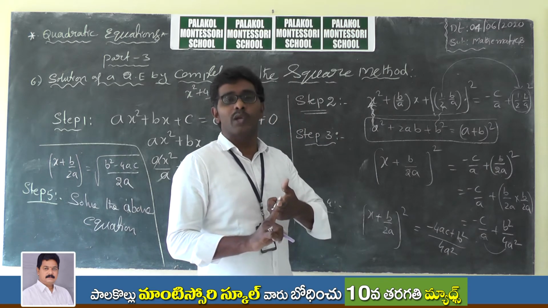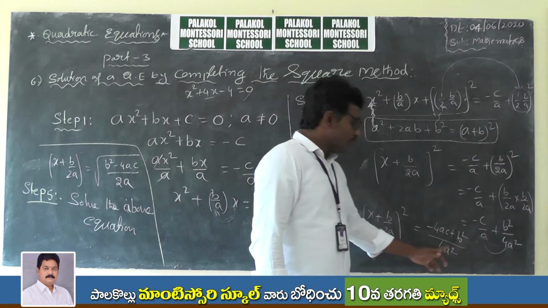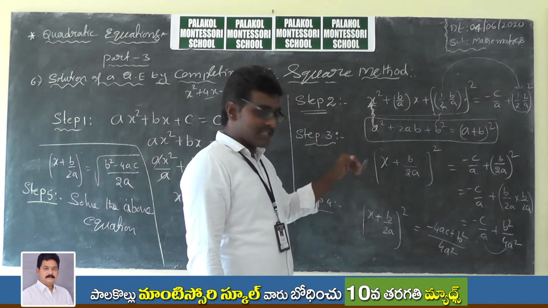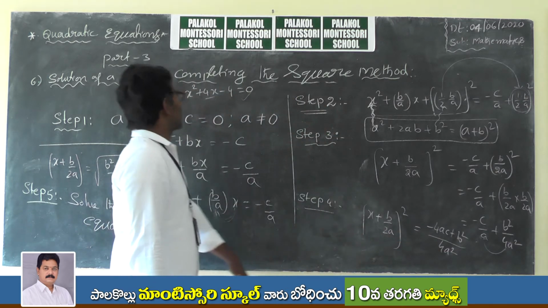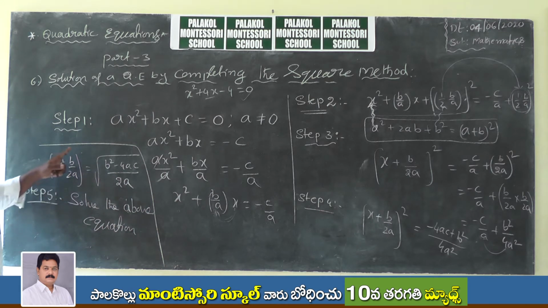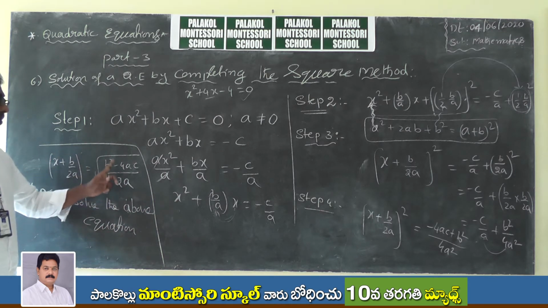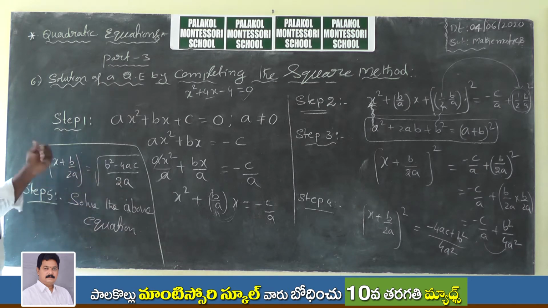So it's cancelled only one time, 1 into b square. Simply you write in proper order, b square minus 4ac by 4a square. That is step 4. Next, step 5. See here, I write step 5. Square root on that side, root of b square minus 4ac by 2a. Step 5 is solve the above equation. You get the x values.